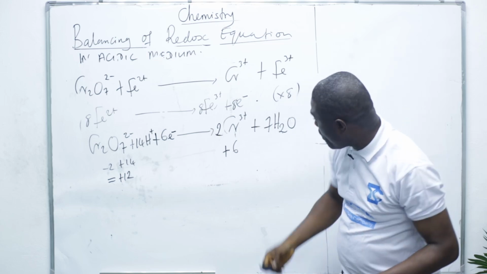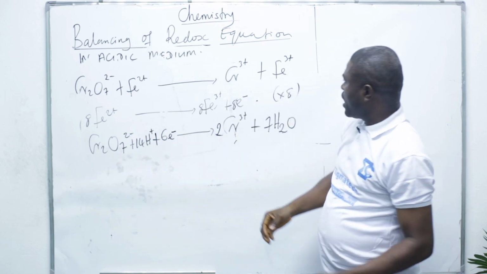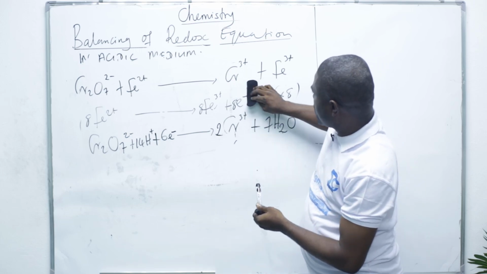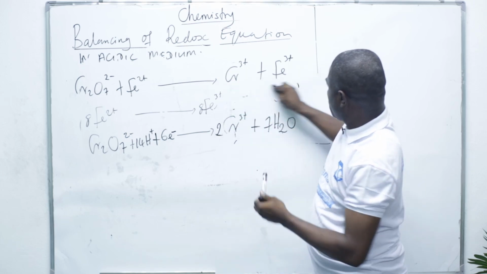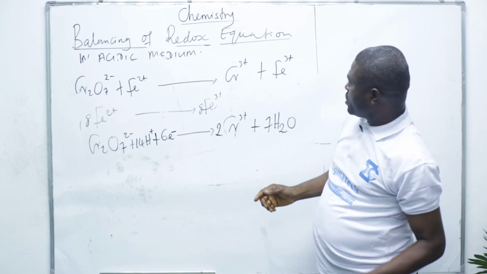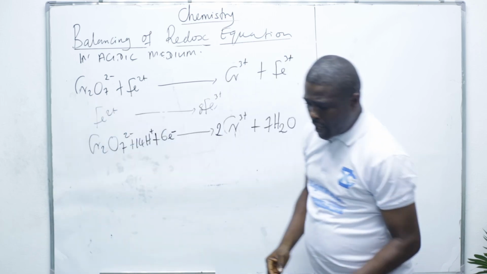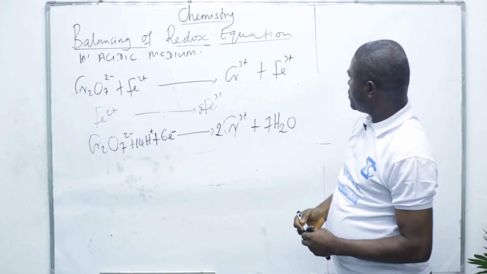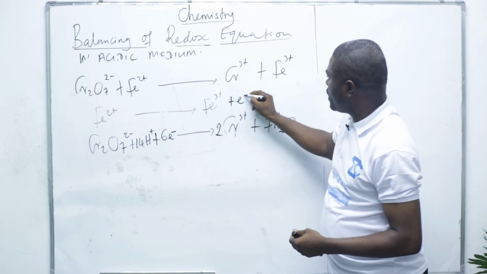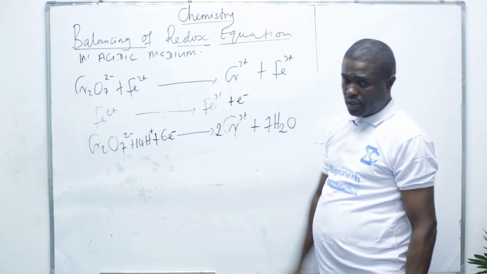Fine. At this point, the next thing is check the electron you have. Okay, this is wrong. We have removed this. It's not 8. This is the actual number now. Watch it. This is the actual number. Soon we are going to exchange the number of electrons. How many electrons do we have here? We have 1 electron here. How many do we have here? 6.